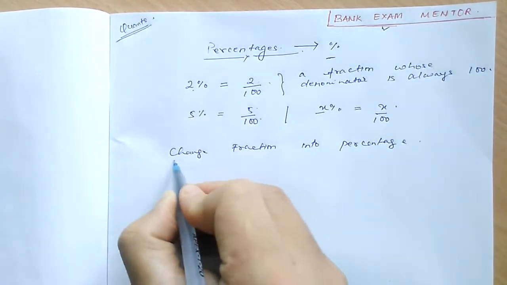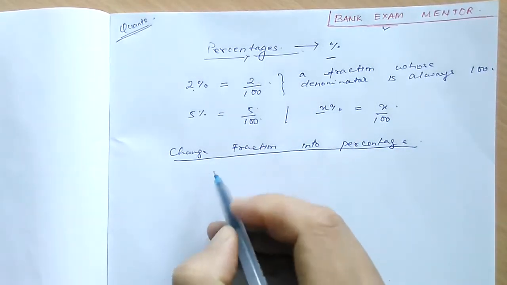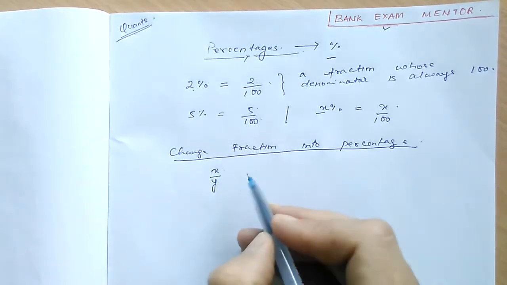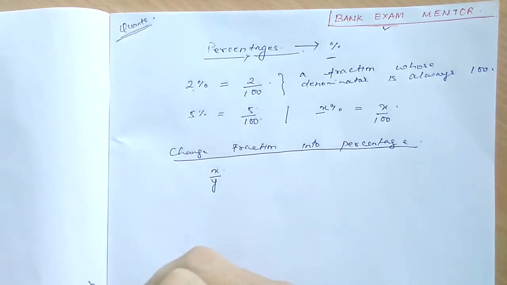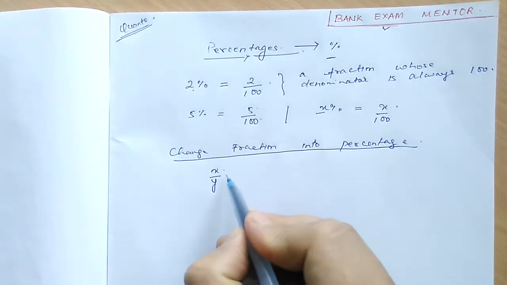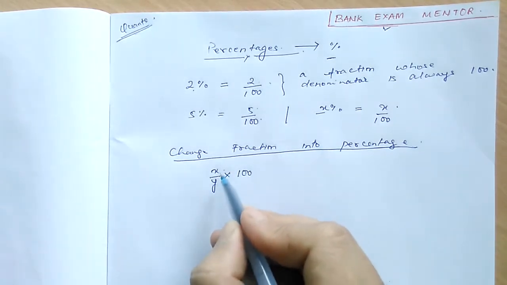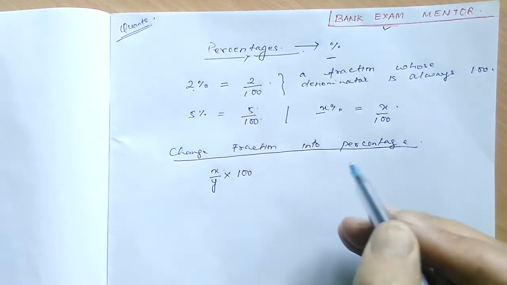Change fraction into percentage. Let's say I have a fraction x by y, I need to change it into percentage. So the thing that I have to do here is multiply by 100. If you multiply a fraction by 100, this will change into percentage.